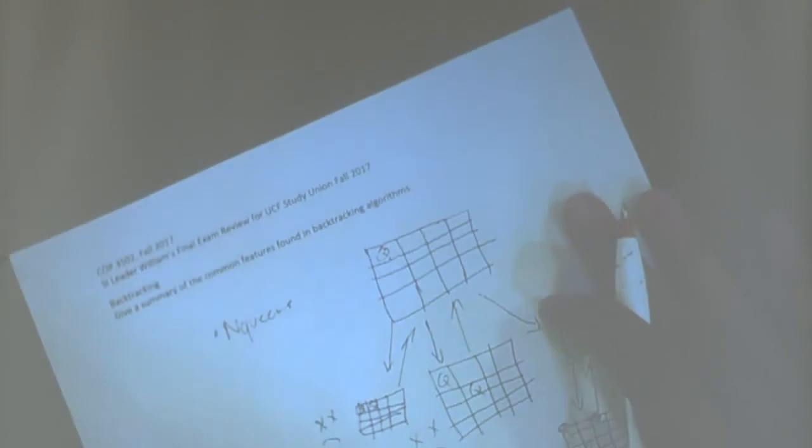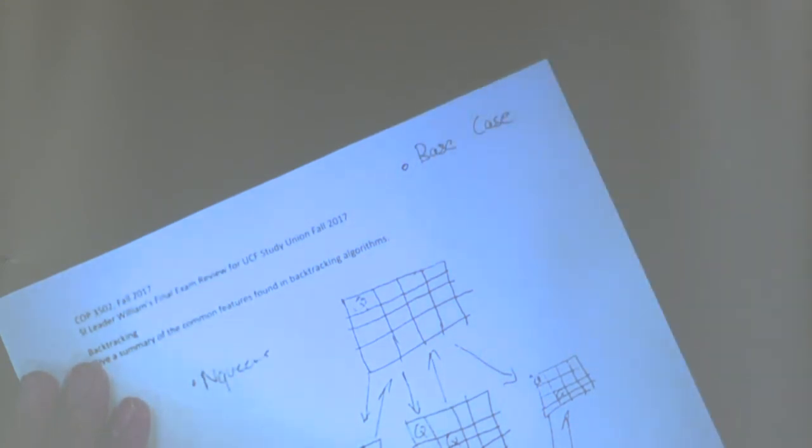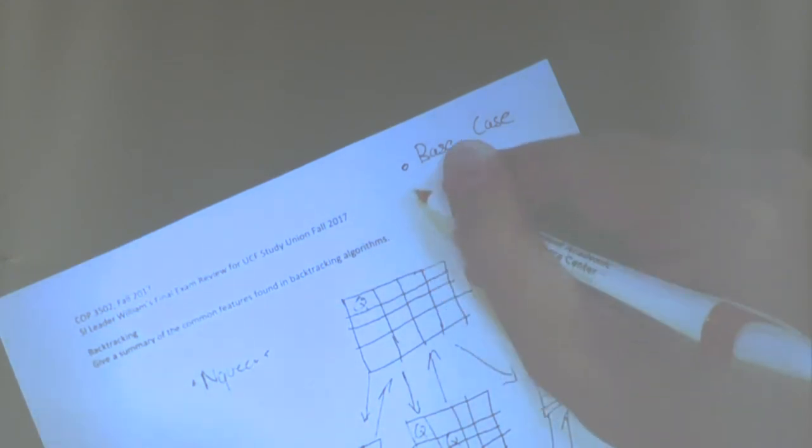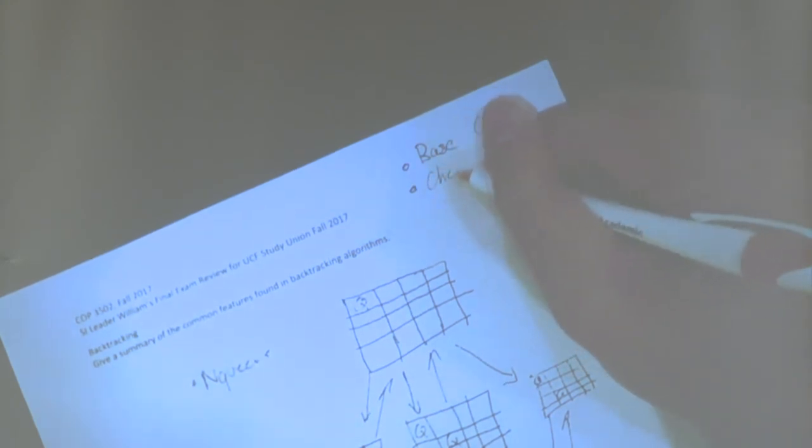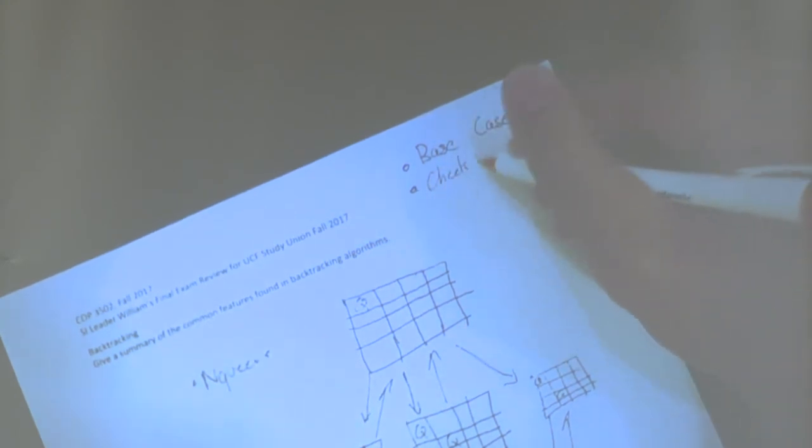For one, we need a base case because backtracking is a recursive function. In our base case, we check if we've solved our problem. If not, keep going. Then there's something like a base case where we check for duplicates: check if this is a state we've seen before.